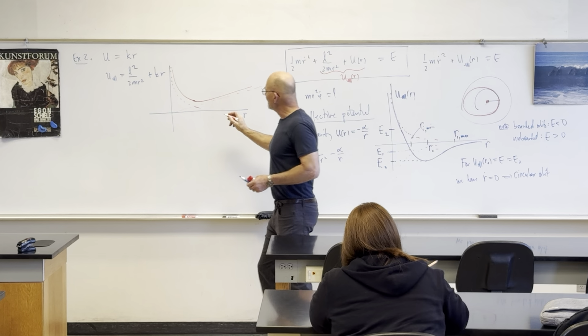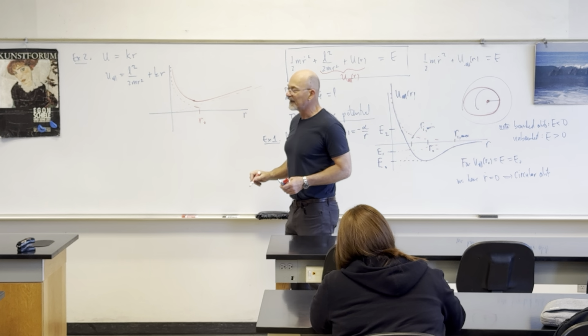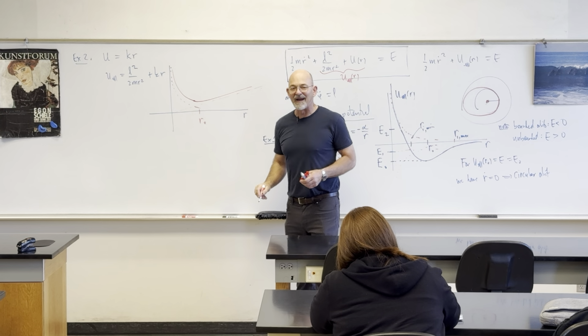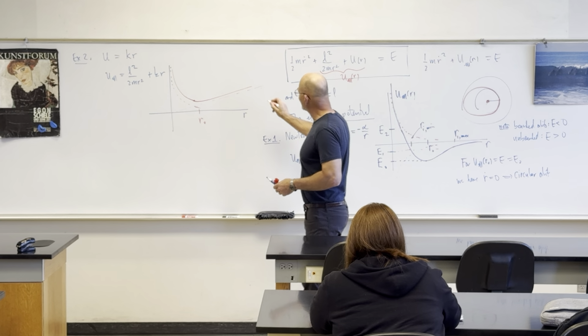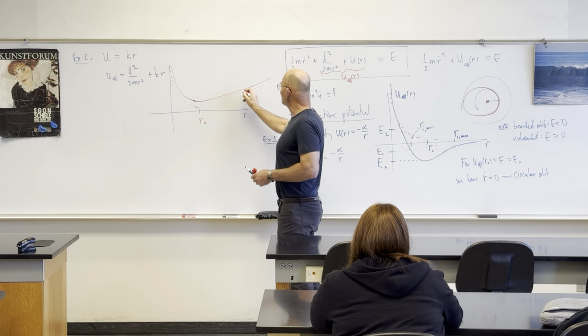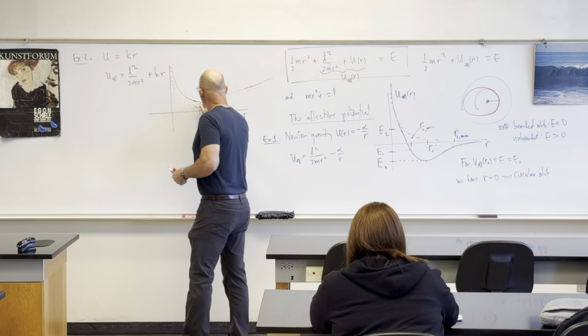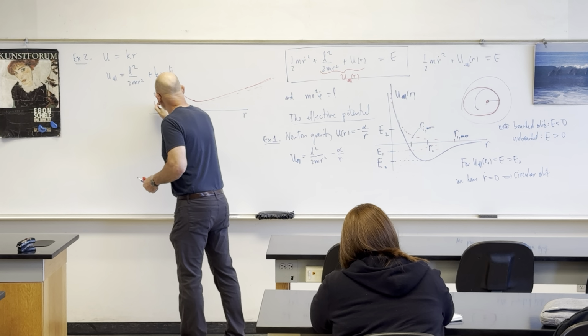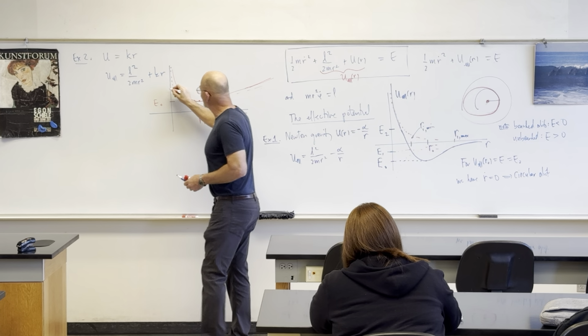But again, you have a local minimum, and so this time you're only going to have bounded orbits. All the orbits will be bounded because this just keeps going. So for any finite energy, you're just somewhere up here. So in this case, our E sub 0 gives us the circular orbits. I'll just do an E sub 1.